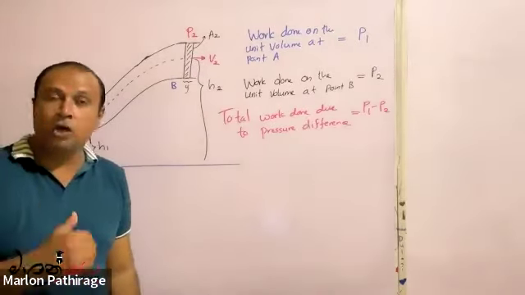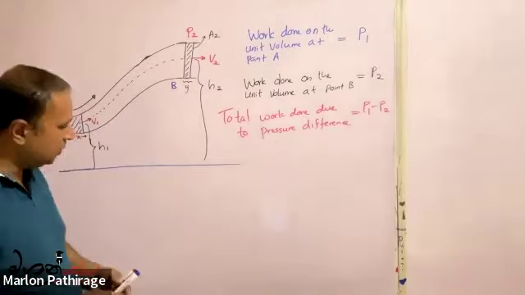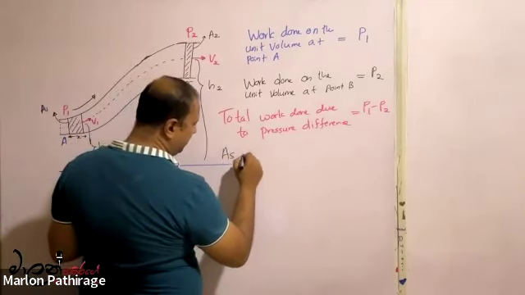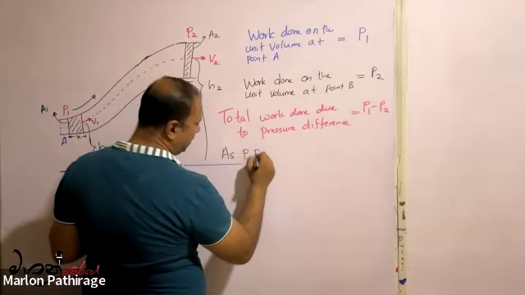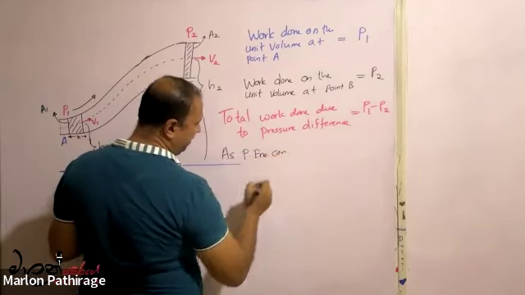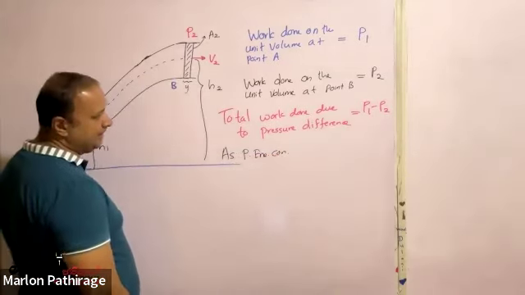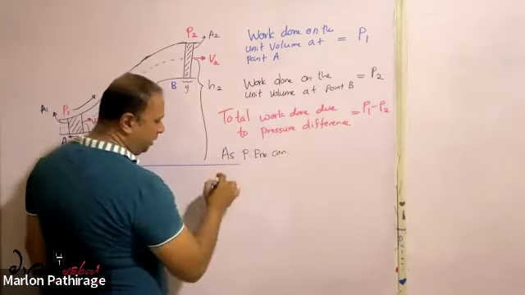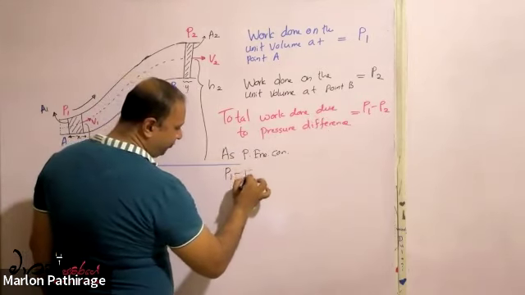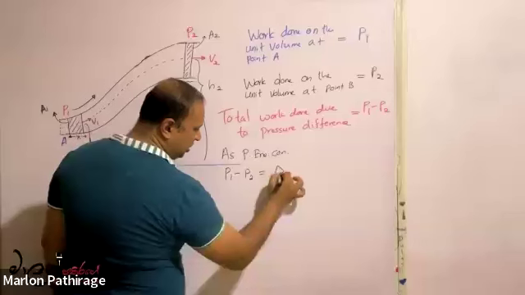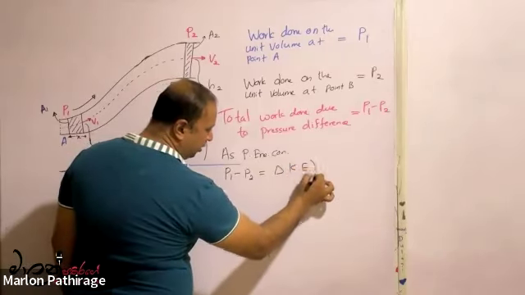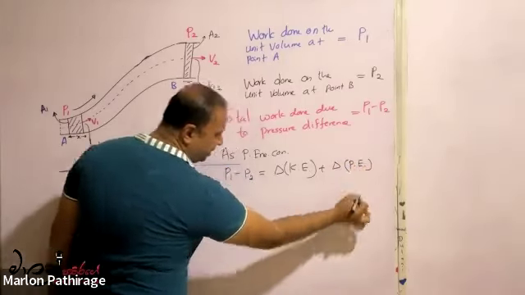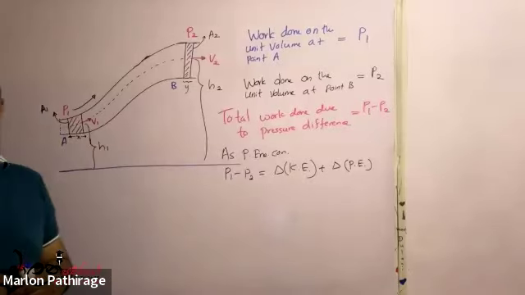So, according to the principle of energy conservation, I can say work done due to pressure difference, that means P1 minus P2, is equal to changing kinetic energy plus changing potential energy.